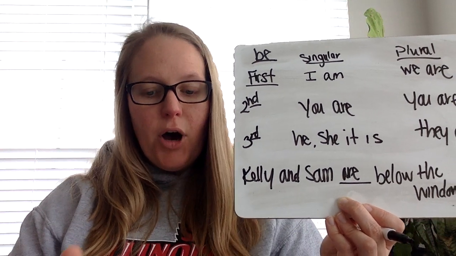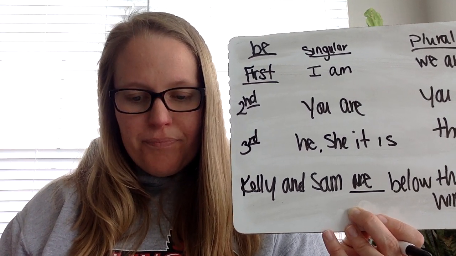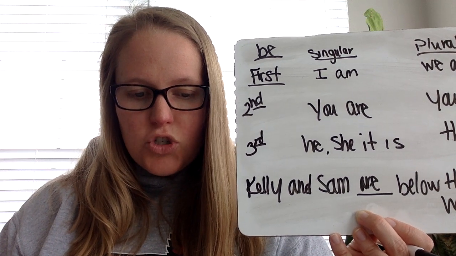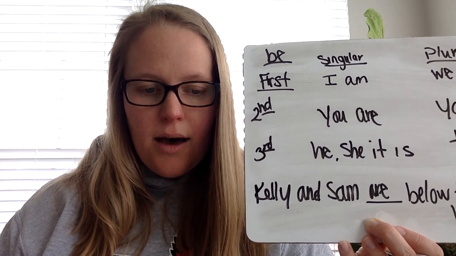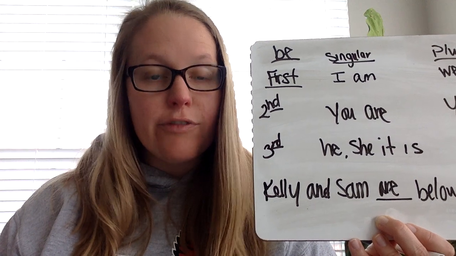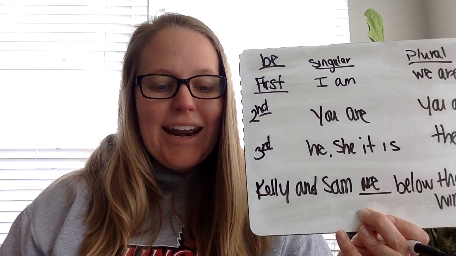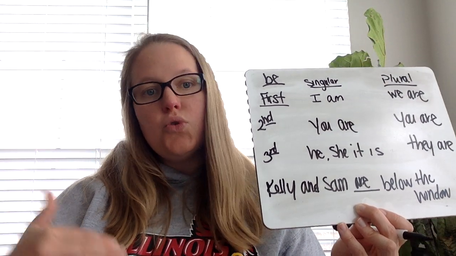And then part B, you are going to be looking at the helping verbs and adding ing to the verb. So if it's happening right now, like I am grilling fish.